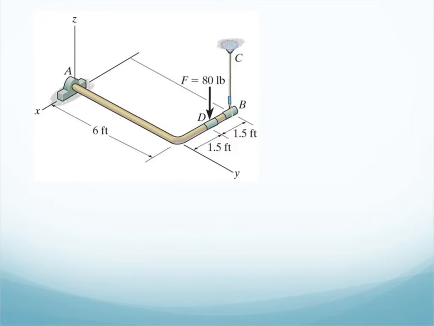assembly, and we're actually trying to figure out the reactions at the bearing and also the force that's in the cable that goes from B to C. Now, if I was going to label these reaction forces at the bearing, remember what I have to think about are what are the directions of motion that aren't being allowed.